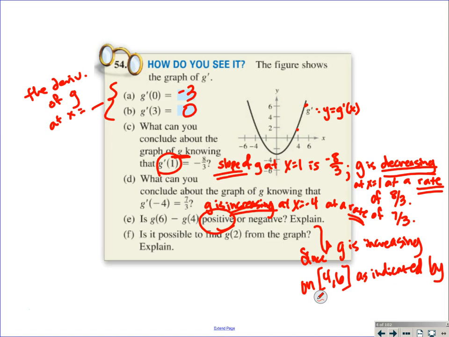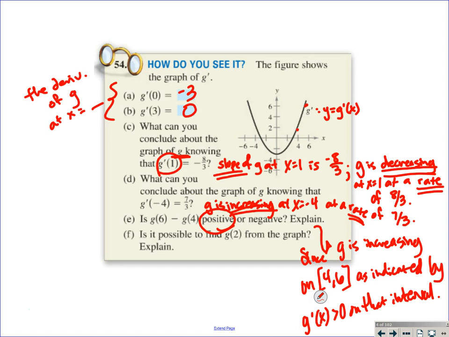By looking at values. Values of? G of 6. Oh, G prime though, right? Yeah. Since G prime of x is greater than 0 on that interval, the subtraction of y values is going to be positive because G is increasing, so G of 6 is higher than G of 4.